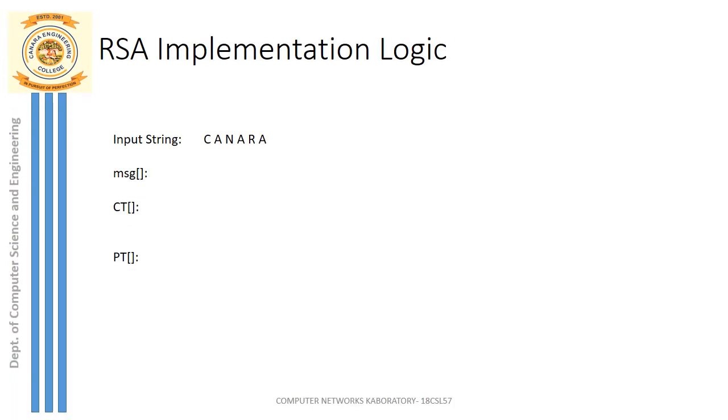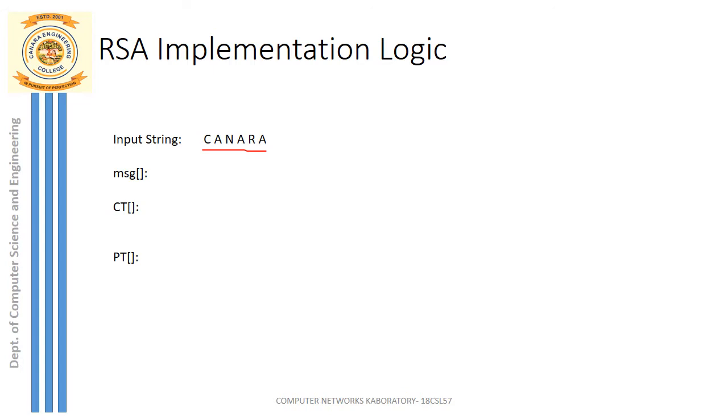Before discussing the pseudocode for implementing the RSA algorithm, we discuss the implementation logic, or the idea behind implementing it. The logic is very simple. We take an input string, for example Canara, that means we read a string from the user.